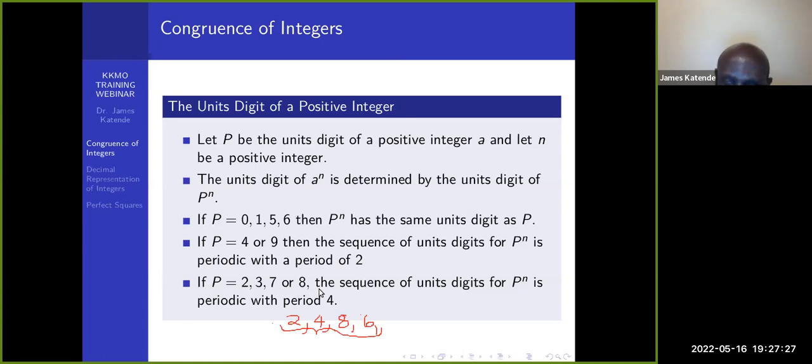Is it making sense? Are there any questions? We'll soon be doing some examples.